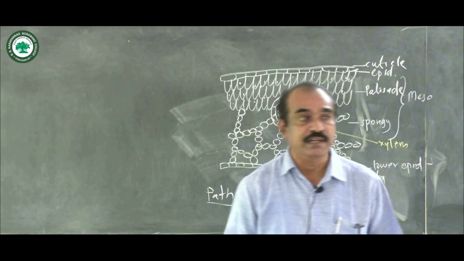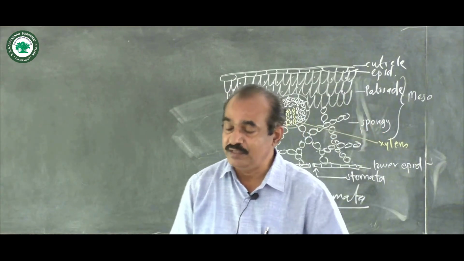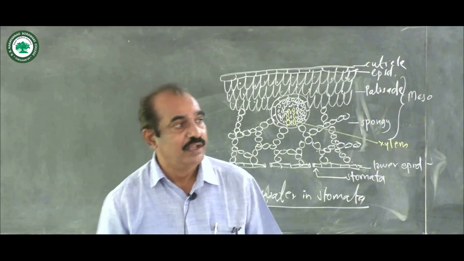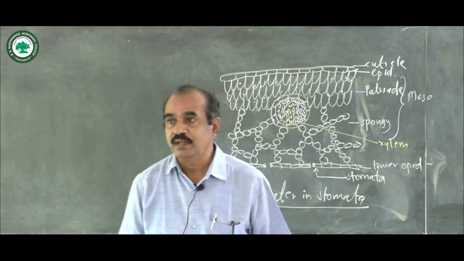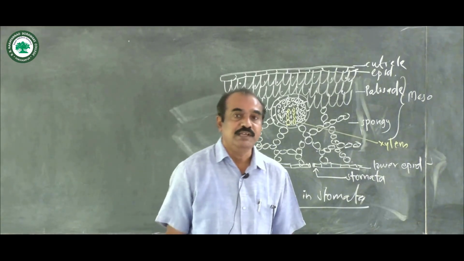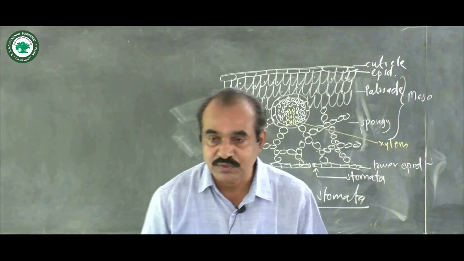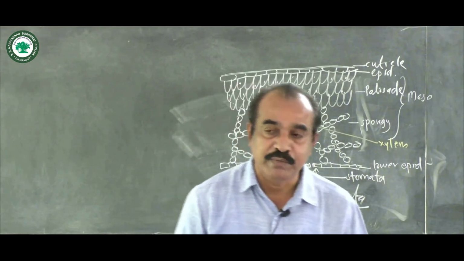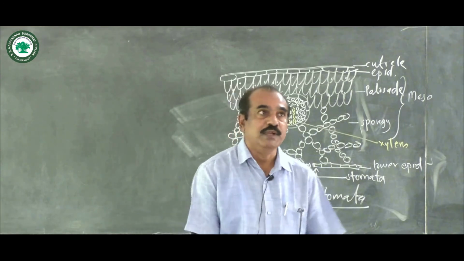From epiblema cell, it enters into the cortex, and from cortex into the endodermis, that is in the passage cell. From passage cell into the pericycle, and from pericycle, it enters into the xylem. And from xylem of the root system, it reaches the xylem strand of the shoot system, and from xylem strand of the shoot system, finally with the help of the midvein and lateral veins, water reaches the mesophyll cell.